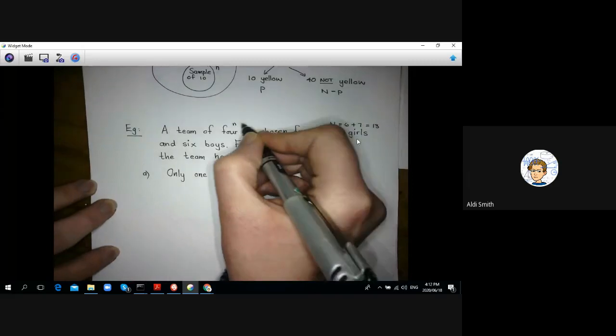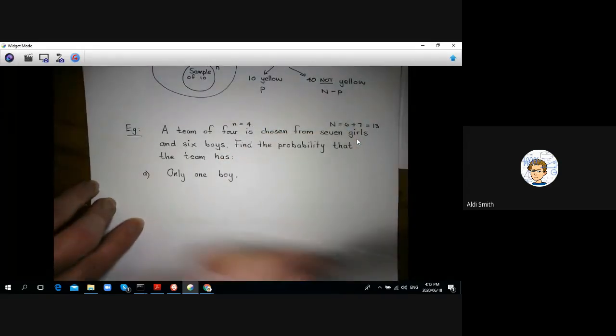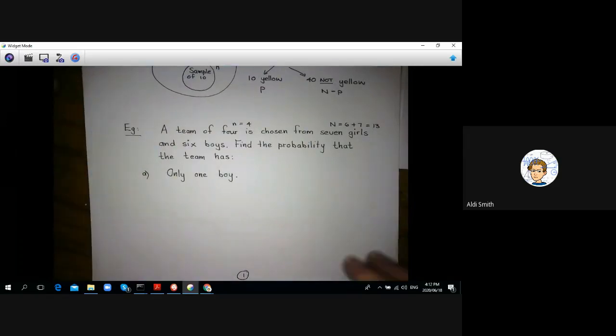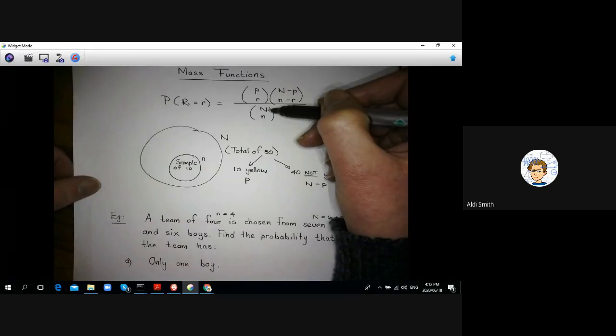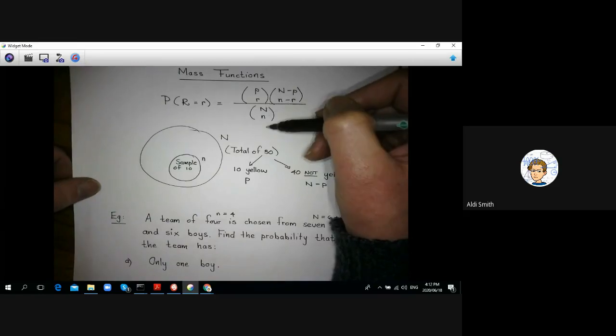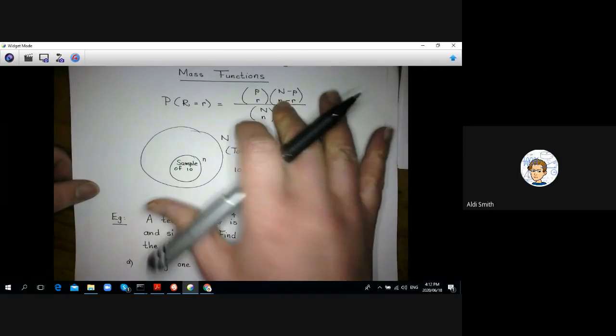And like I said, I'm choosing 4 out of the 13. Now, this is very important, people. If you cannot answer this question, this bottom part, how many do I pick out of the finite population, then it cannot be a hypergeometric distribution. So if you can't answer that, I'm picking 4 out of 13, then that formula doesn't work.